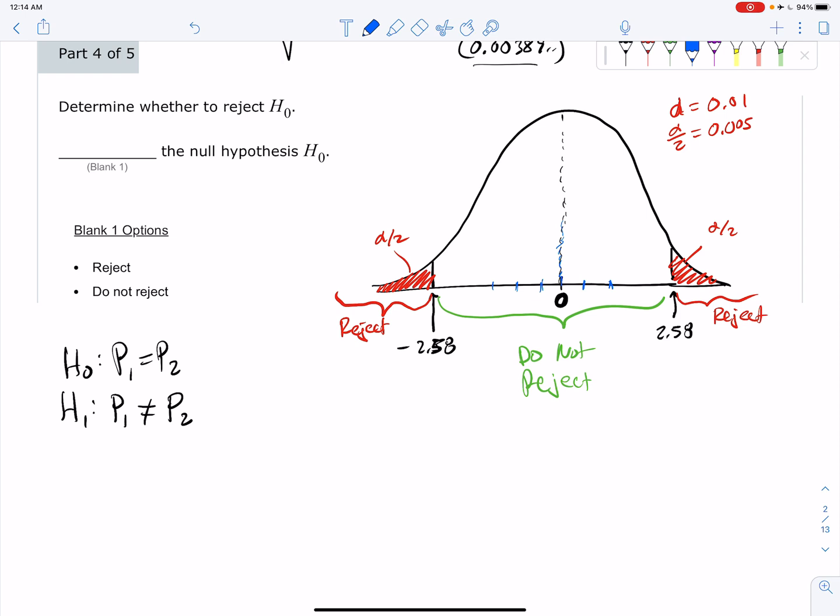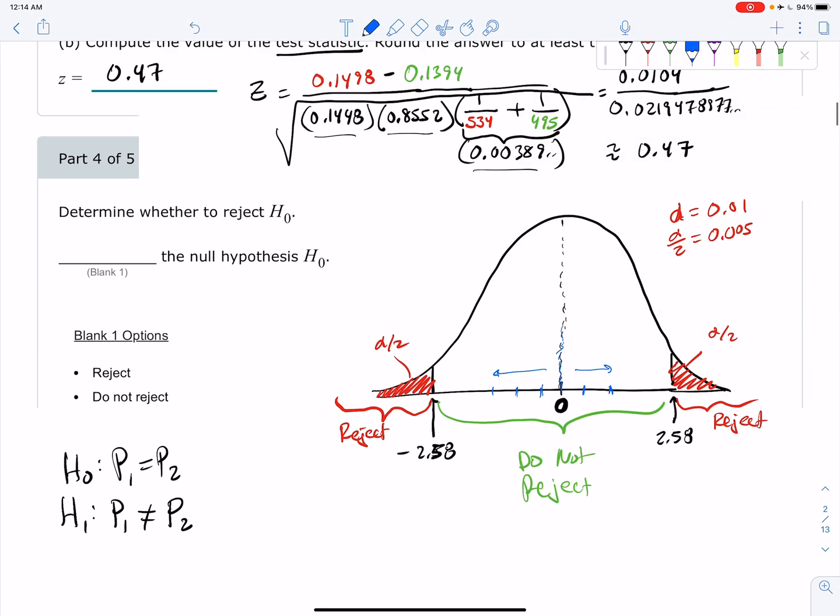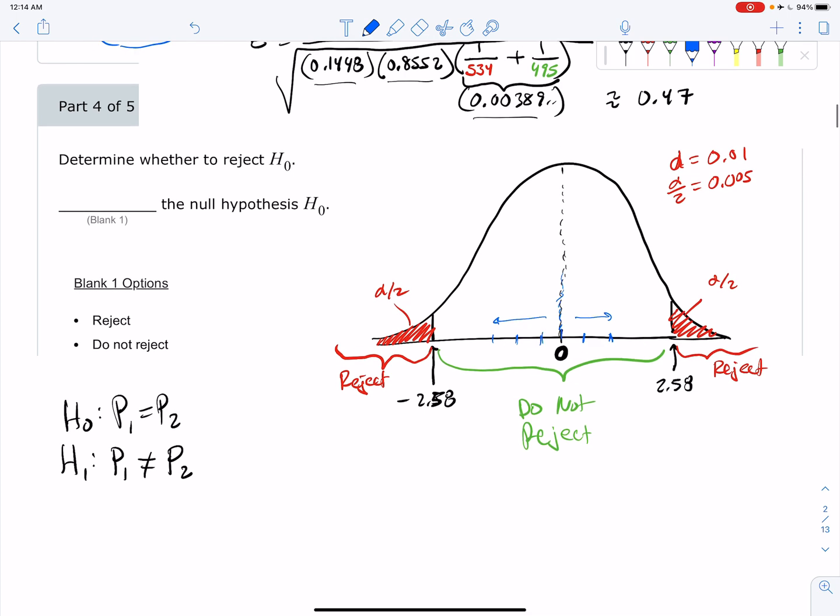But if it's anywhere out in the red reject area, that is so far away from what we expect that we reject that P1 equals P2, because it's statistically too far out, based on our alpha level of 0.01. Now let's see what happened. What in fact did we get? Well, we got a test statistic of 0.47, and that's somewhere right here.